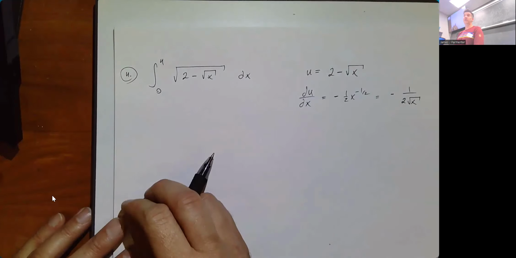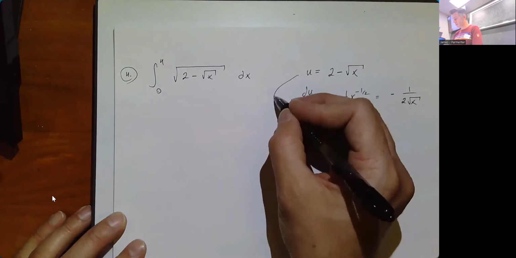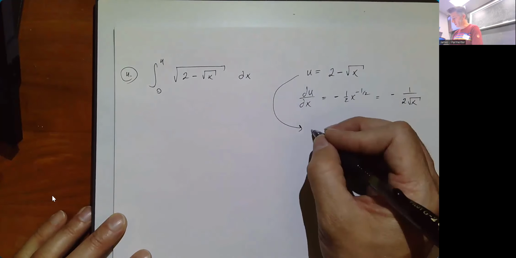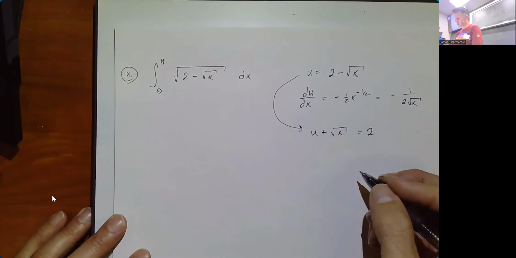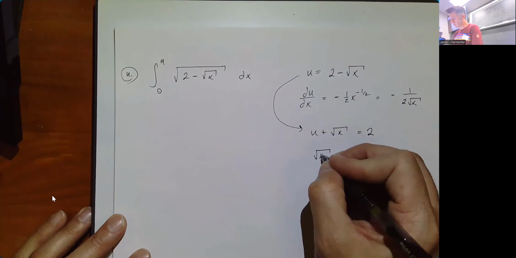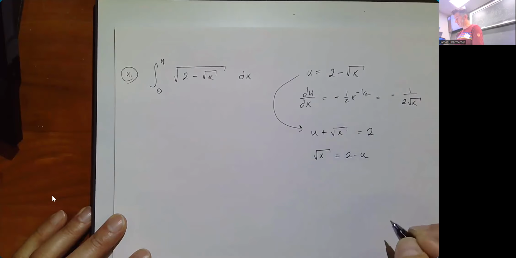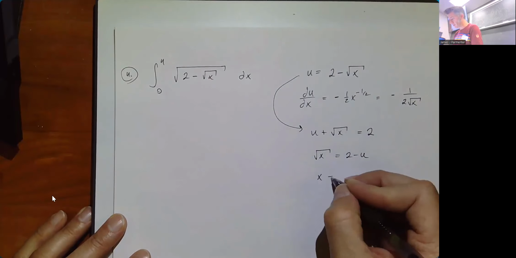So what we do instead is sometimes called a power substitution, but essentially you solve for x. I'm going to add root x to both sides, and then subtract u from both sides, and then solve for x by squaring both sides.